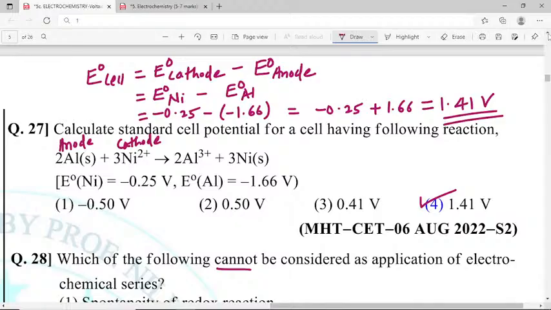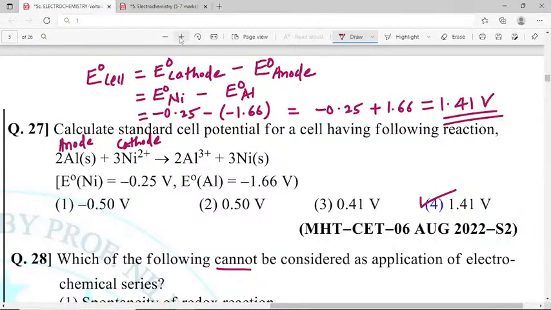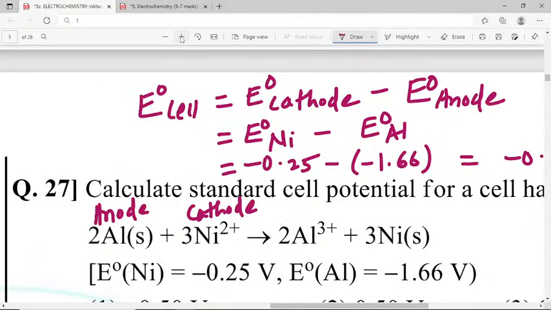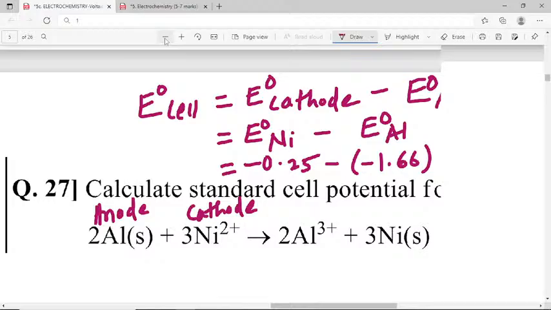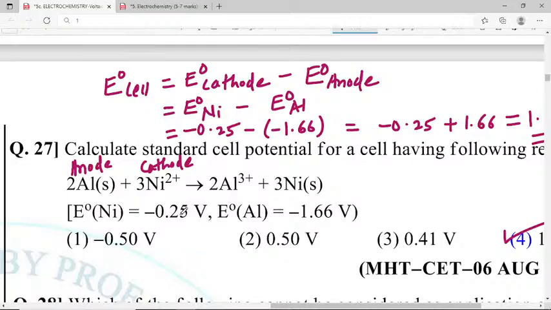Here it is written as given, E naught nickel minus 0.25. Are you getting this one?